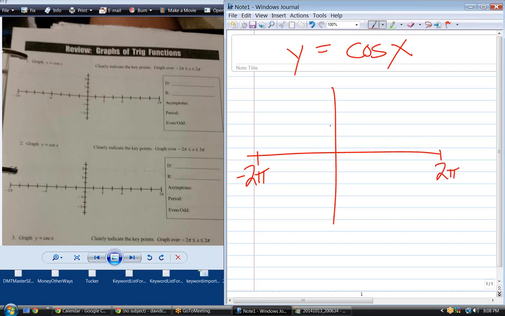It's not often that I start at minus 2 pi, but we can start at the origin and work our way backwards. What is the cosine of 0? It's going to be 1. Okay. The key points? It's going to be pi over 2, and then 3 pi over 2, and negative of each of those.